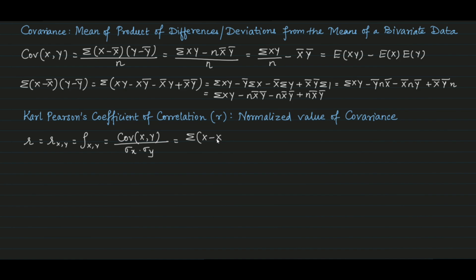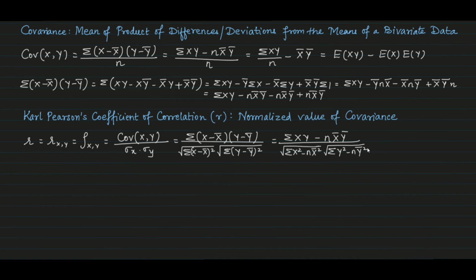Nothing but summation of x minus x bar times y minus y bar the whole upon square root of summation x minus x bar the whole square, summation y minus y bar the whole square. This is nothing but summation of xy minus n x bar y bar upon root of summation x square minus n x bar square into summation y square minus n y bar square.